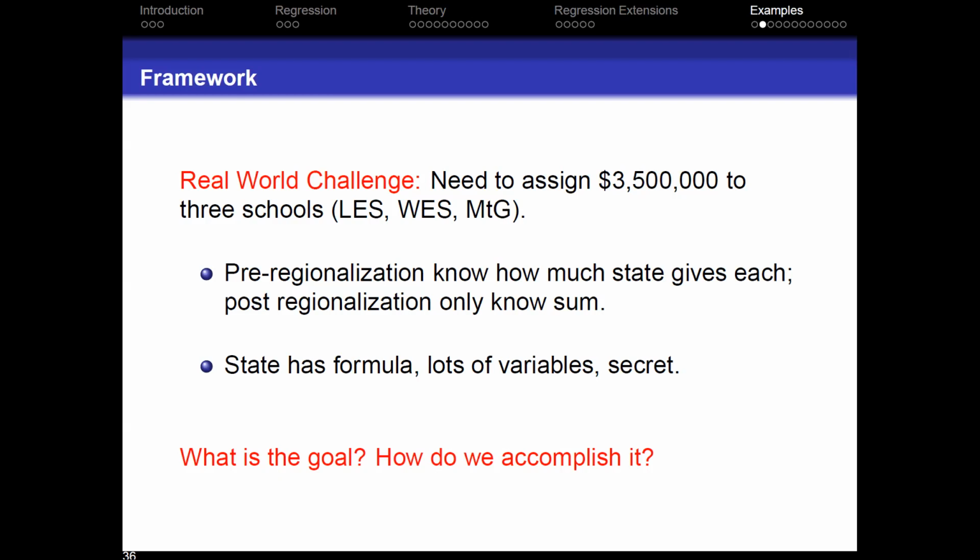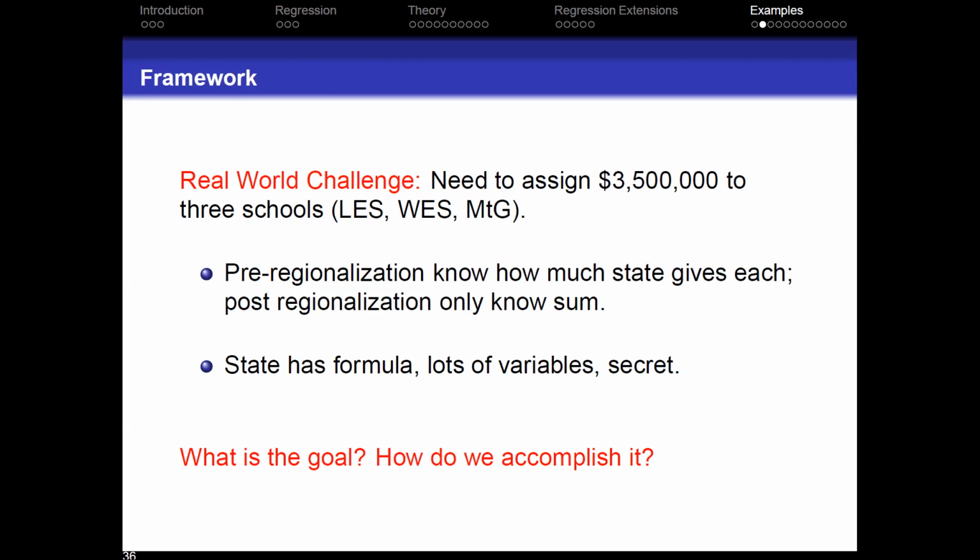But if you now have 3 schools, they would only tell us how much money goes to the district, and we needed to figure out how to allocate the money between the 3 buildings. The state had a formula with a lot of variables to calculate this, but they kept it secret. But we had years of data. And so the question was, could we try to figure out what their formula is? This is a great example of why you want something like linear regression with the method of least squares.